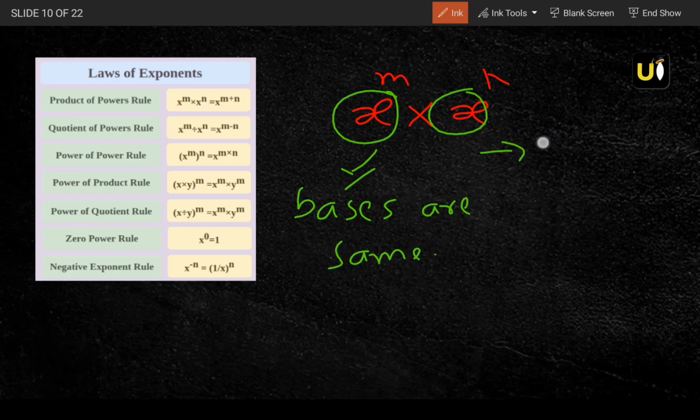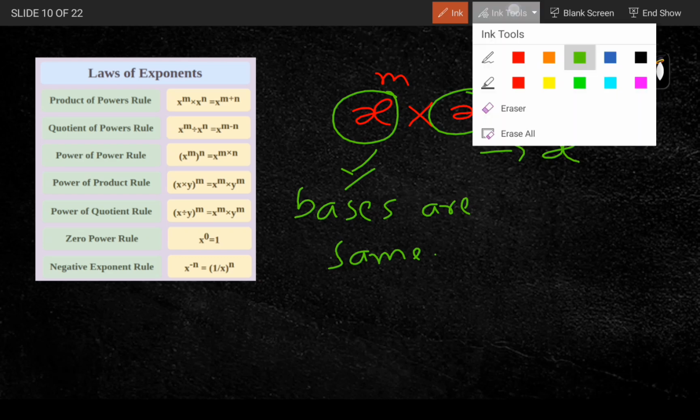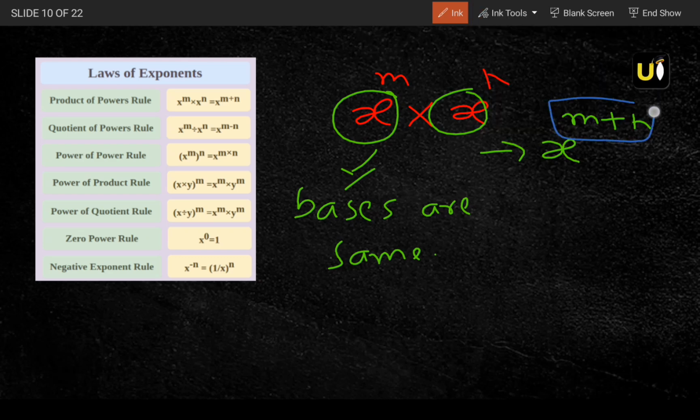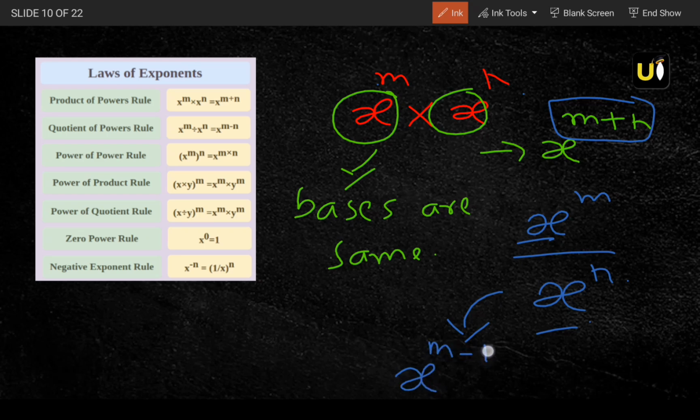Then you can write this as x power m plus n. See here we are adding m and n. This is the first law. And for example, here you are given x power m by x power n. See here also the bases are the same. Then this can be written as x power m minus n.